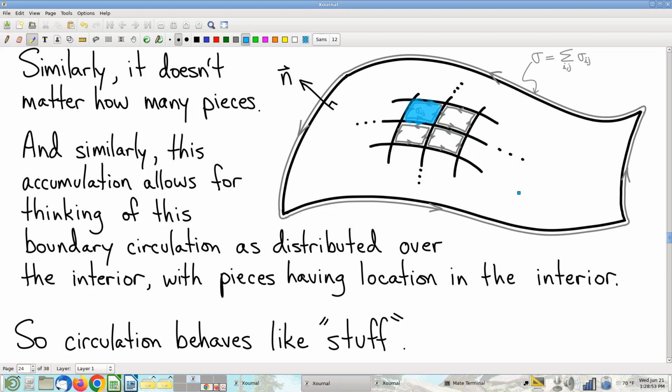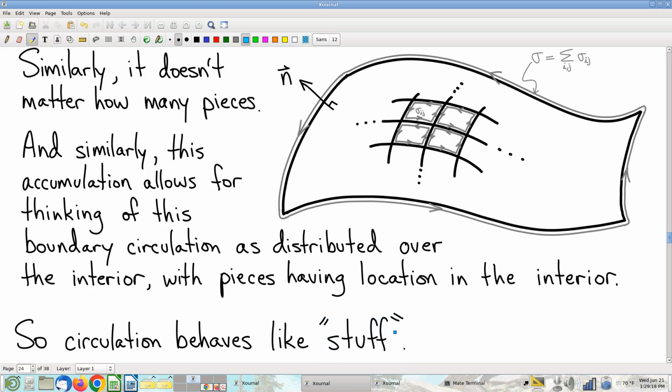So by this argument, I can think of this accumulating quantity as distributed over the surface itself, despite appearances of computation. So, it's a stuff, like anything else that you can spread over a surface like butter, right? It too is a stuff.